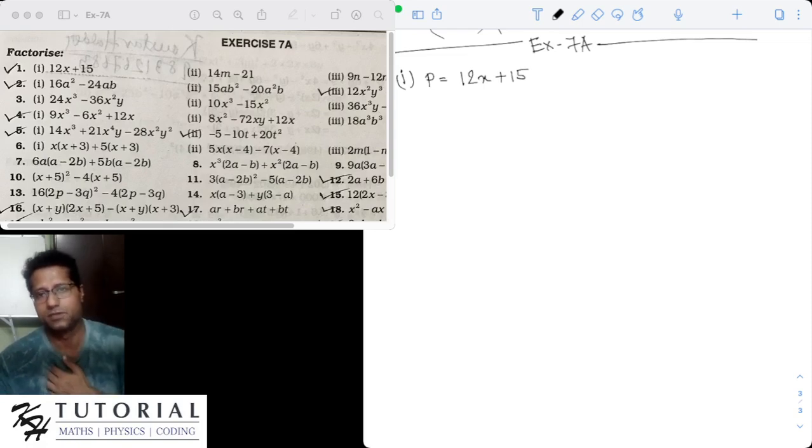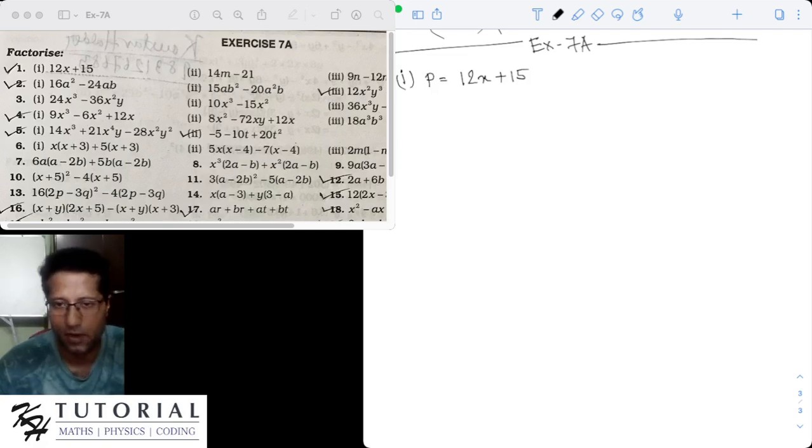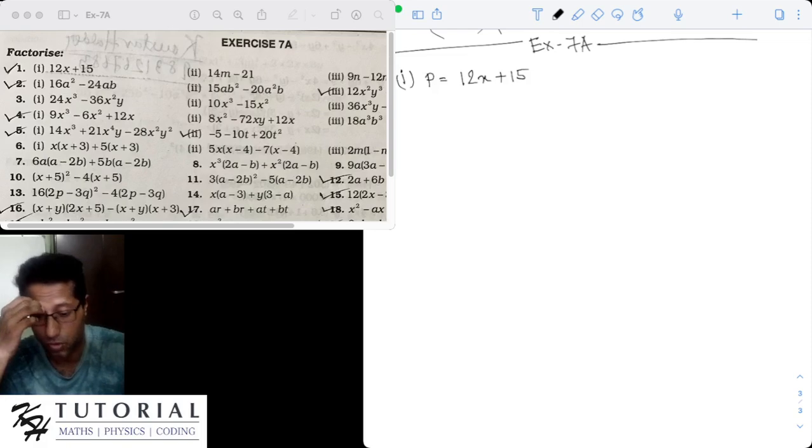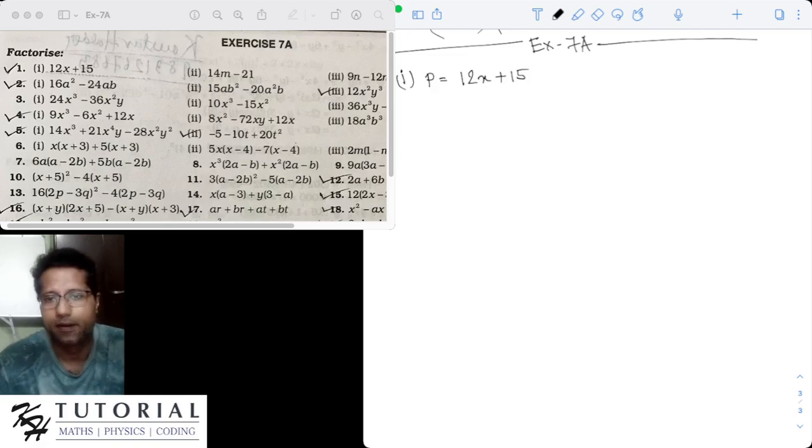Now first you will try to see if you can figure out a common factor from all the terms of the polynomial. That common factor will be a monomial. I can see that in this polynomial there are two terms. First is 12x and the second is 15. I see a common factor of 3 from these two terms, because 12x is 3 into 4x, and 15 is 3 into 5.